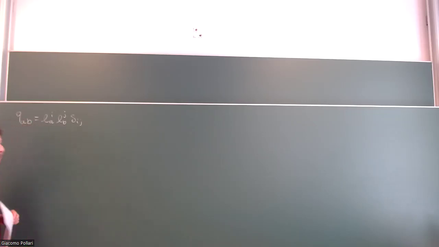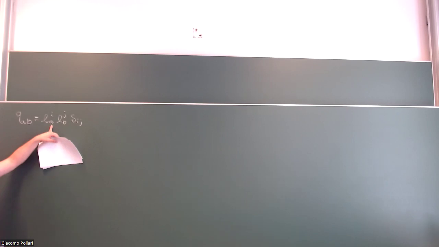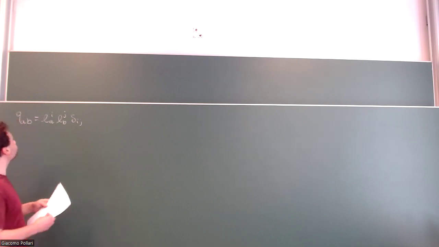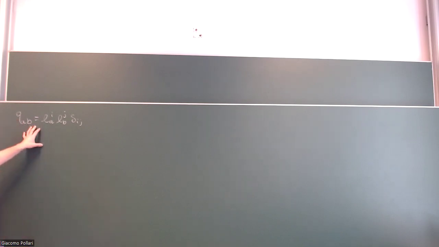So these indices go from 1 to 3. Latin indices a, b run from 1 to 3, and these are the space indices, and i are the internal indices, so the flat ones. As we have already seen, this is invariant under SO(3) transformation, the defining transformation on the triads.